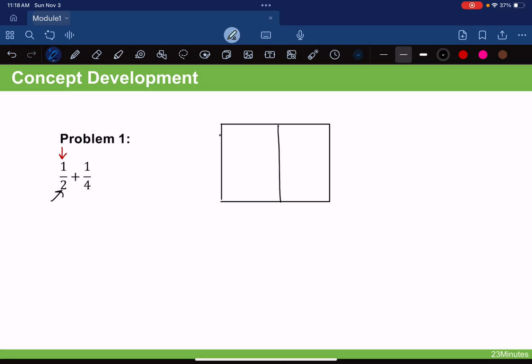My denominator is 2, so I want to cut it into 2 parts. Now, my numerator is 1, so I want to shade in 1 of the 2 parts. So that's all I'm going to do at the moment for that model. We're going to come over here and show that we're going to add these together, and we will draw our next model.